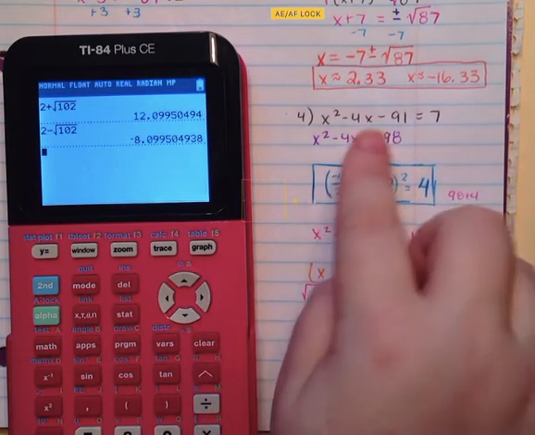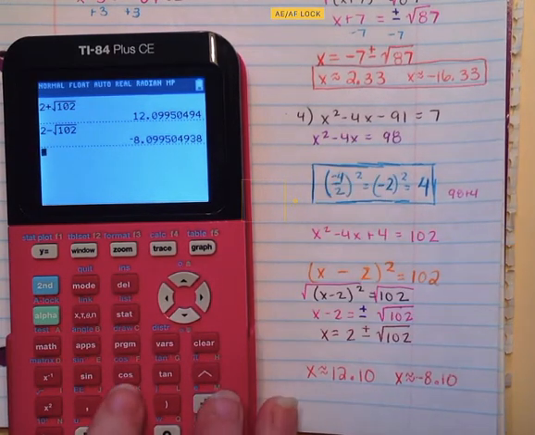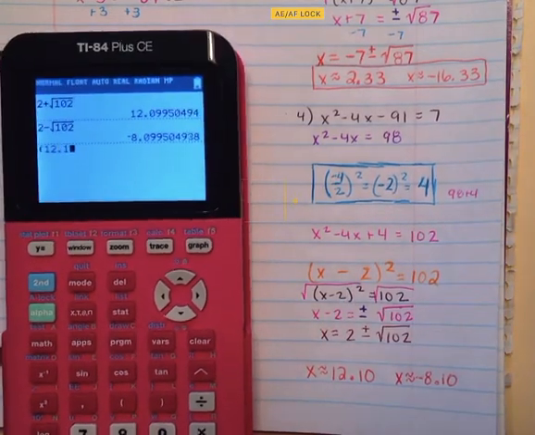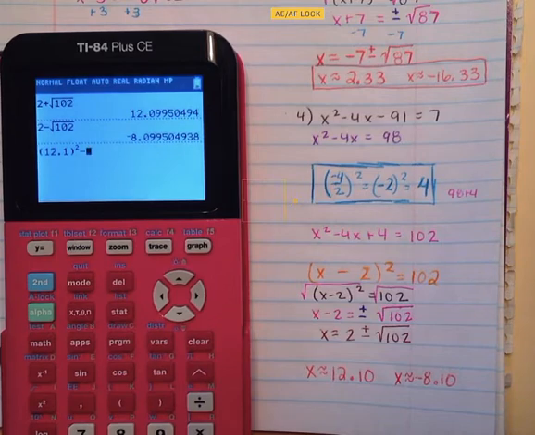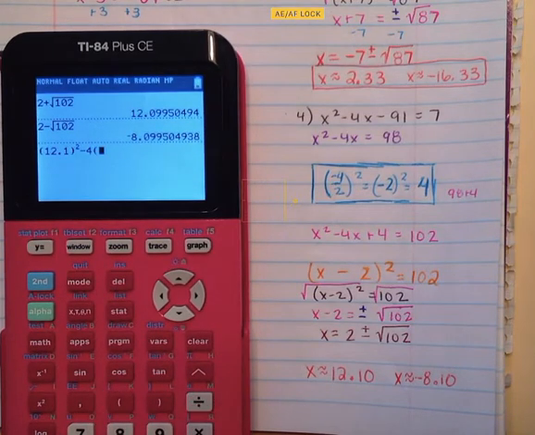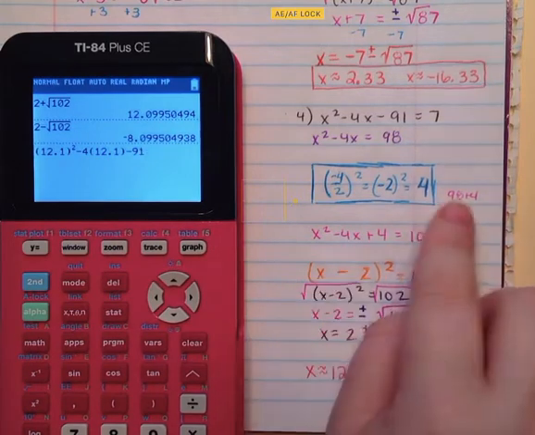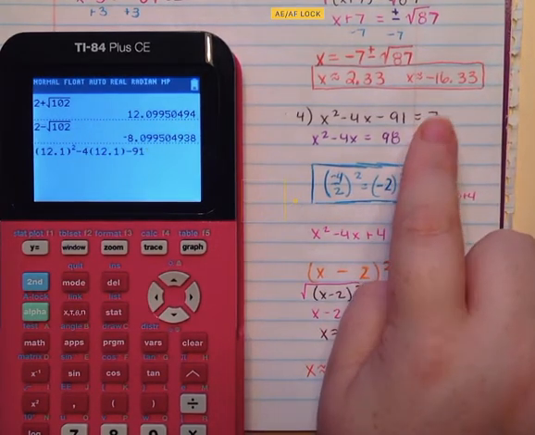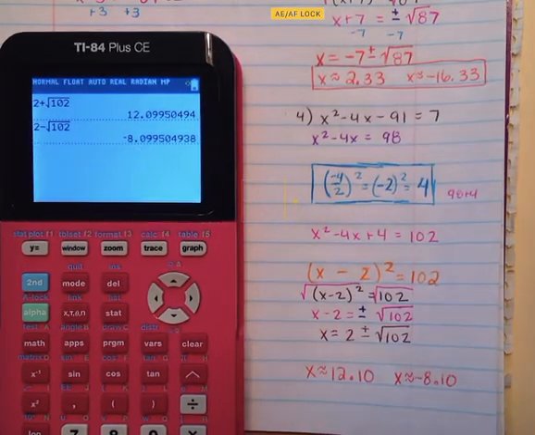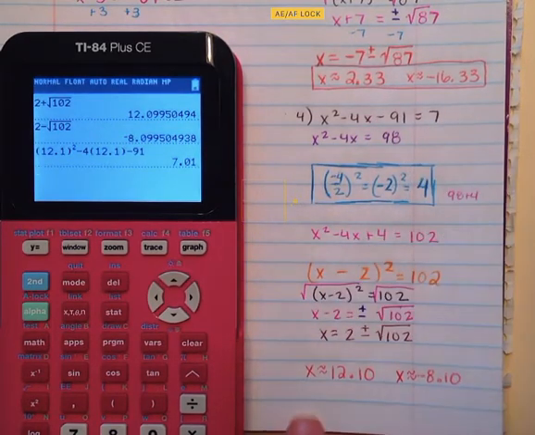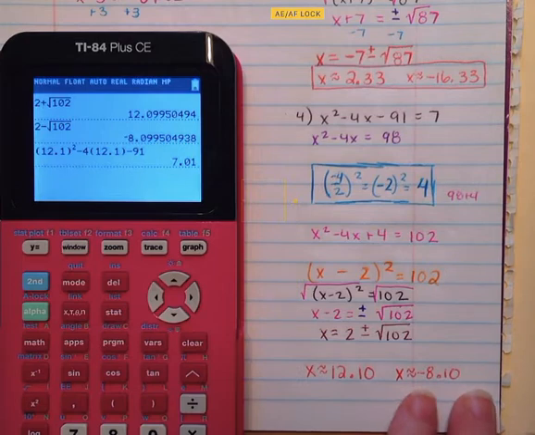So we can check our answers by plugging them back in. It will not be an exact answer, but it'll be close. So we have 12 and 1/10 squared minus 4 parentheses 12 and 1/10 and then minus 91. Now I should get close to 7 when I press enter. And it's a little bit over 7, so since we rounded it, that's probably going to be an accurate answer.